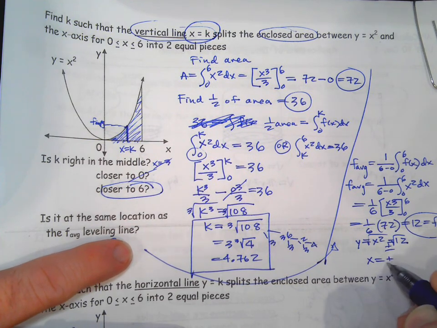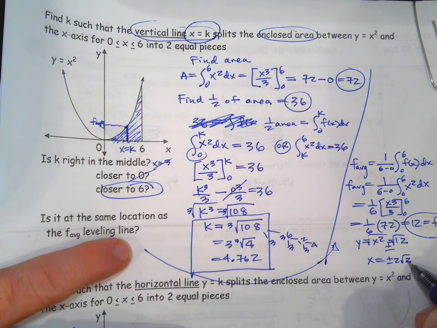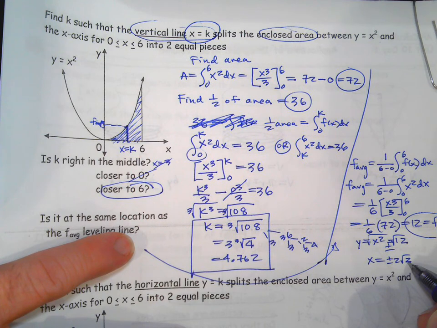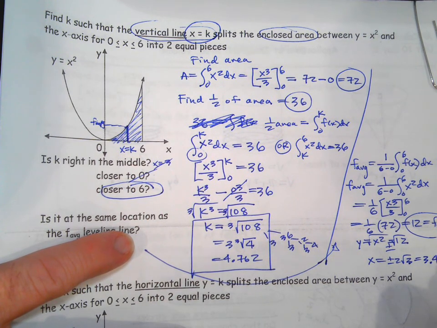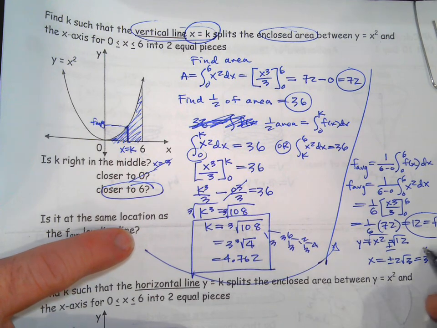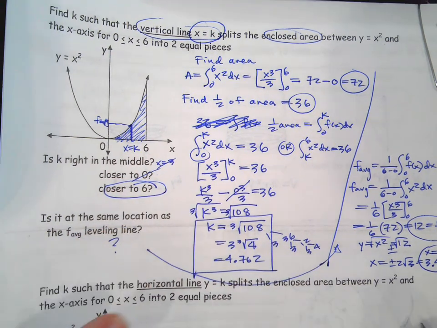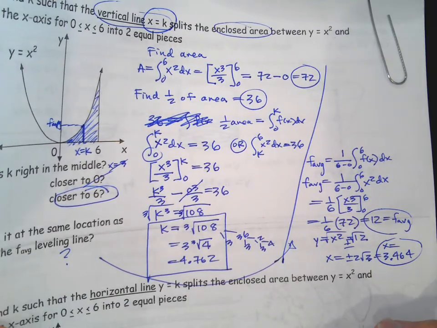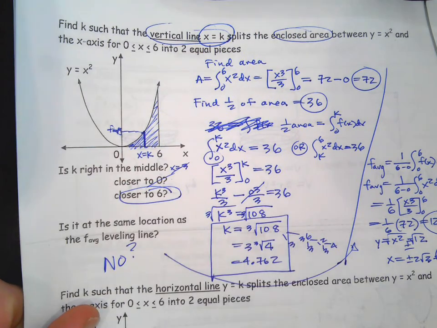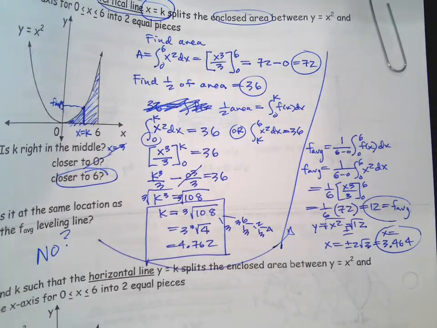We get plus or minus 2 root 3, which on a calculator is 3.464. The positive one is the one we would want for our c value, or x star, or whatever. But it is not the same place. So I don't know. It was an interesting question, but it isn't the same. They really have nothing to do with each other.